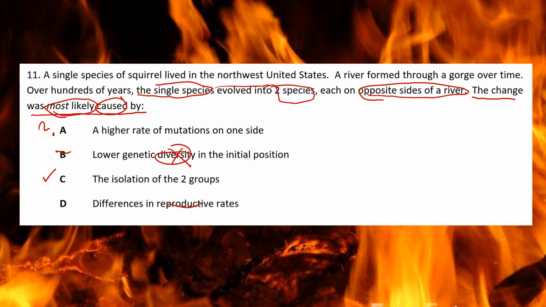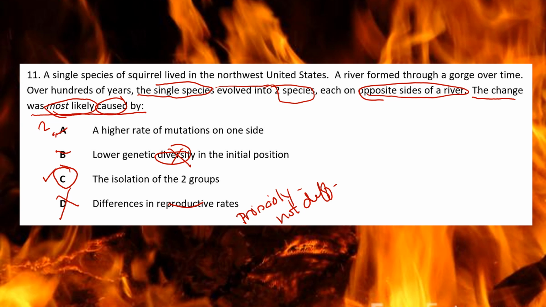However, if we go back to being isolated and the two groups were no longer intermingling, then they're going to develop separately. So C is my best answer. You'd have to wonder why there might be a higher rate of mutations on one side, if there was a toxic dump or something, but I think our best answer was C.